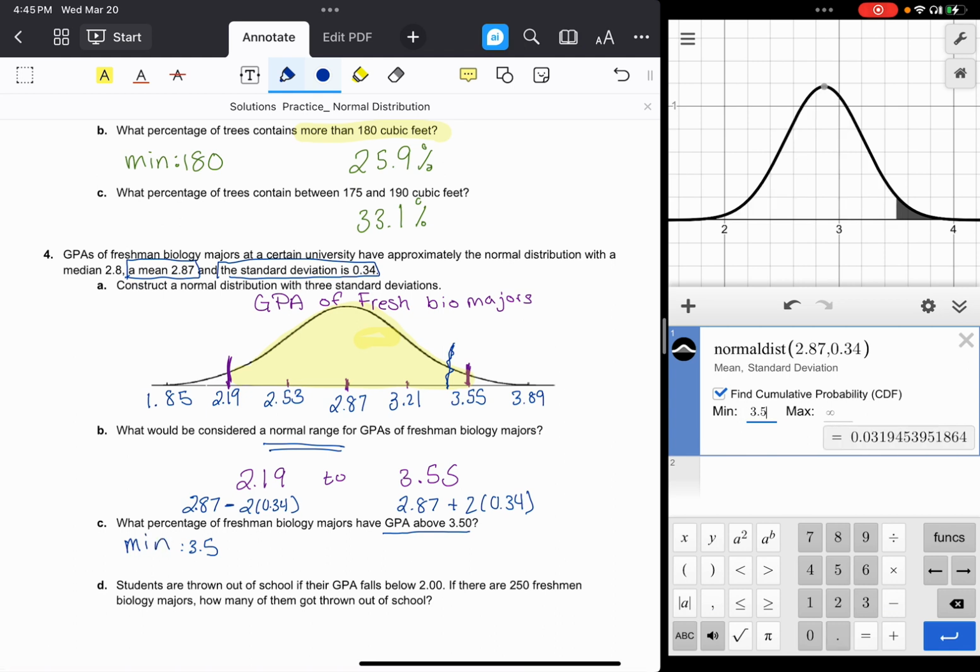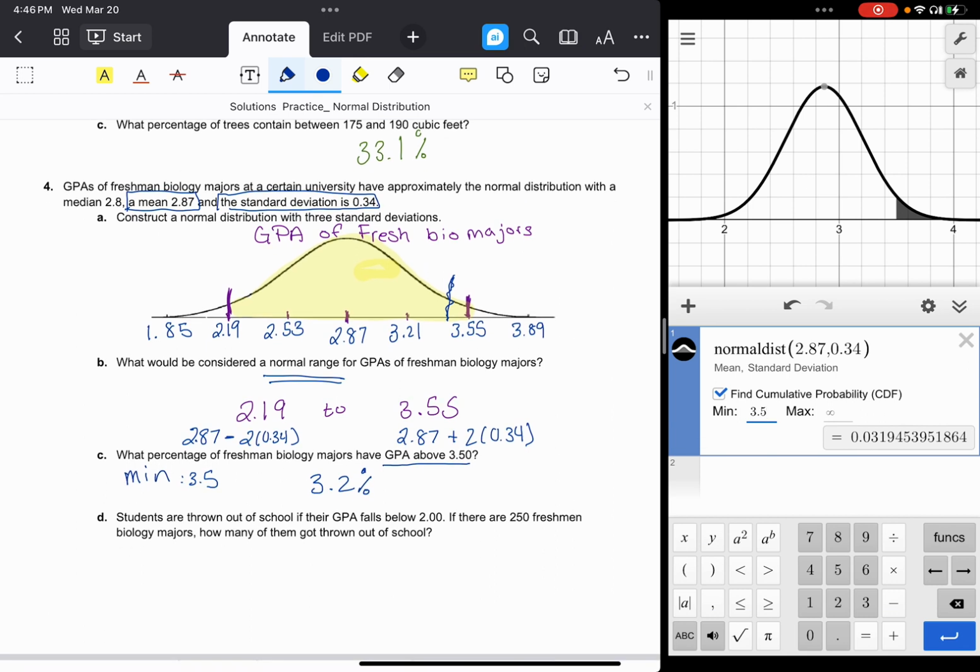So I shade everything above. And you'll notice it's more than 1%, but it's still not a lot of the data. It's only 3.2% of those bio majors have a GPA above 3.5. So it's very, very few.